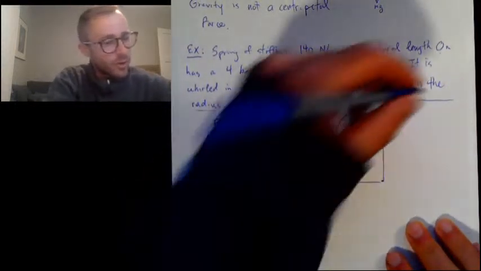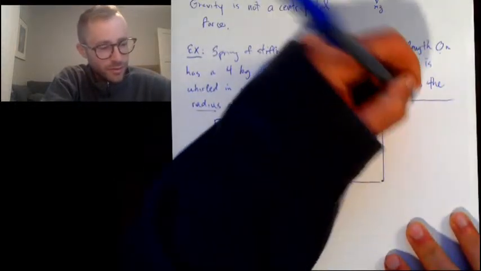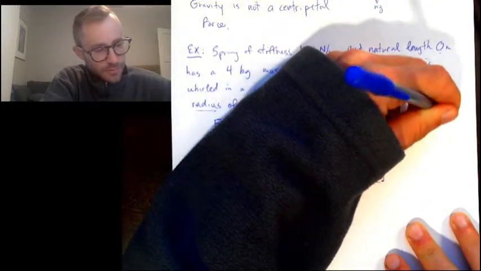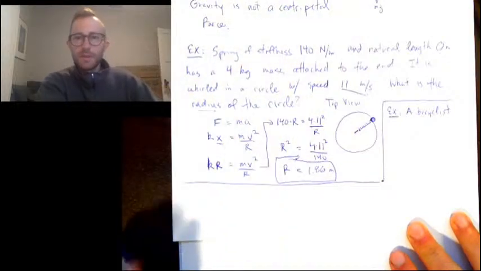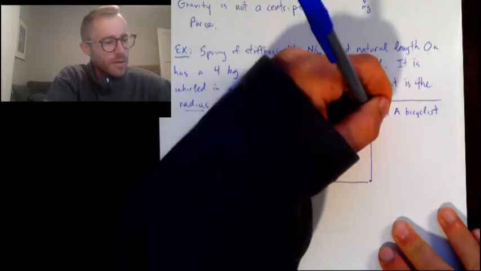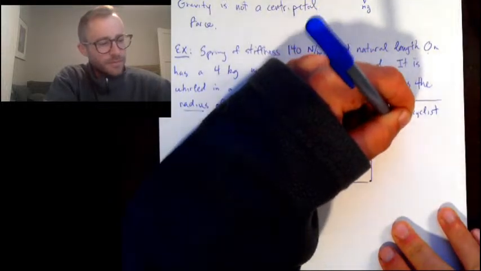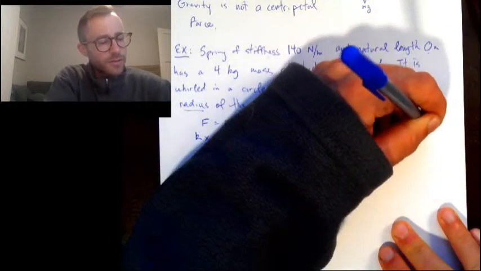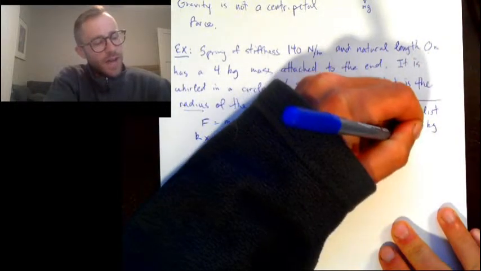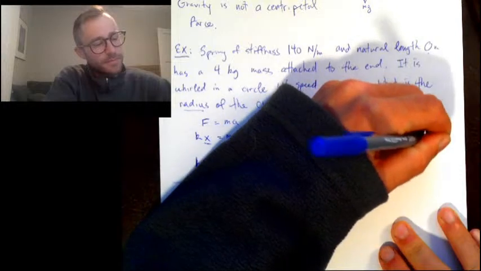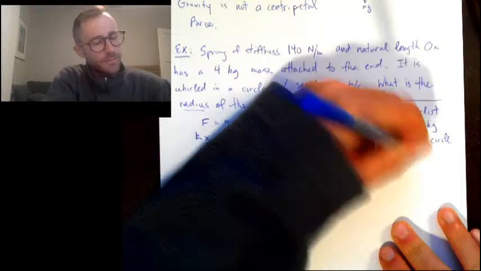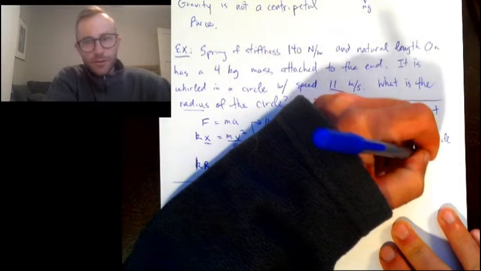Okay. So let's suppose that a bicyclist of mass 50 kilograms goes in a flat circle of radius 12 meters.